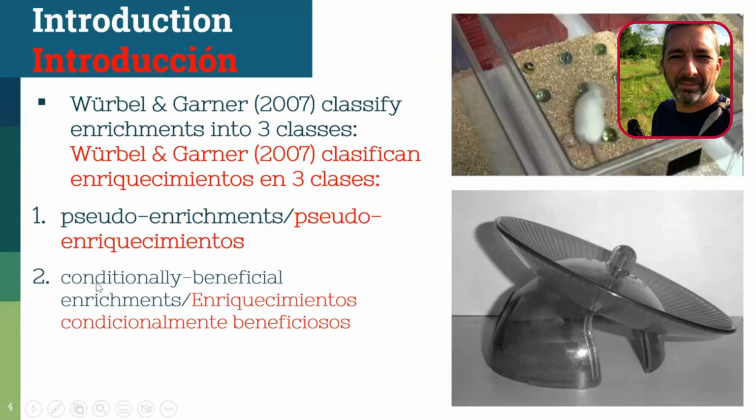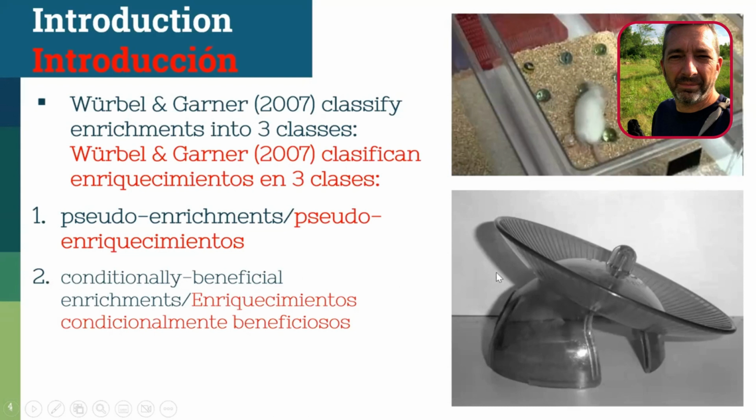They then also talk about conditionally beneficial enrichments. So this, for example, would be a kind of nesting enclosure. Again, very lab animal based. Both Joe and Hanno are lab animal scientists primarily. But if you put a nesting compartment or a nest into an enclosure, again with lab animals, in certain circumstances it certainly can be beneficial, but it can also result in aggression sometimes.